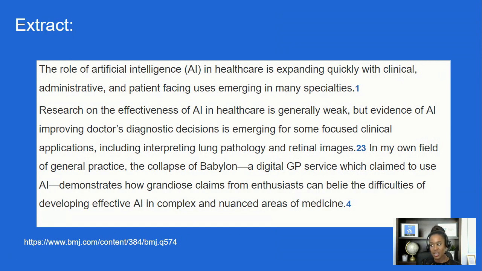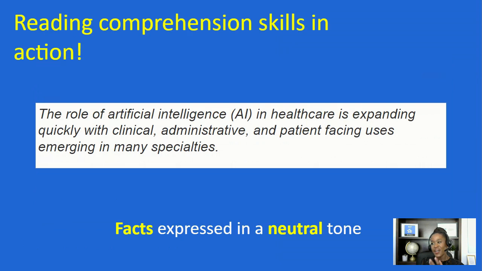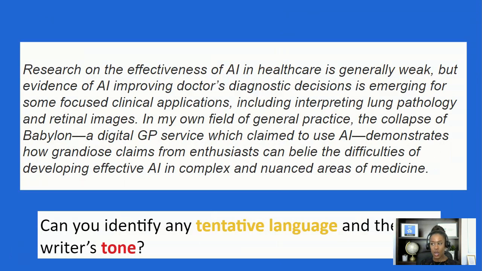So, what I'm going to do now is just show you some of the things that I notice in the writer's language used here. For example, in the first part of the text, for me, the facts are expressed in a neutral tone, pretty neutral and factual. As we go on, though, we start to notice attitudes and opinions being expressed.